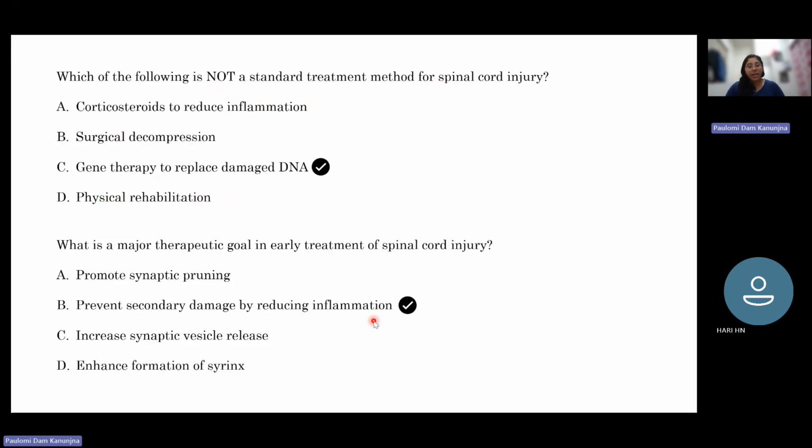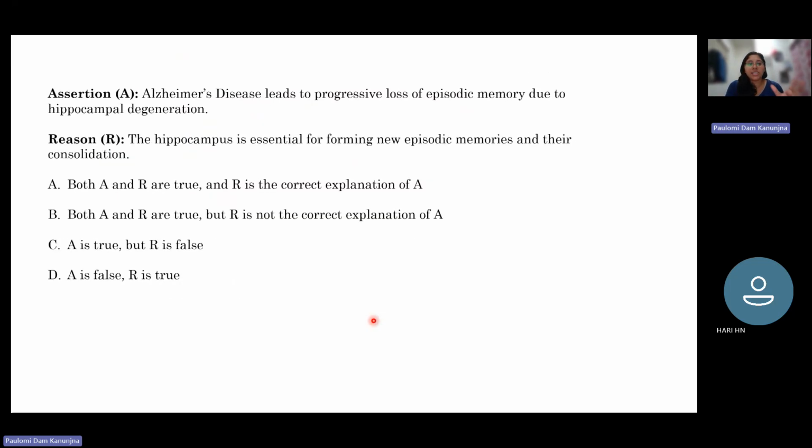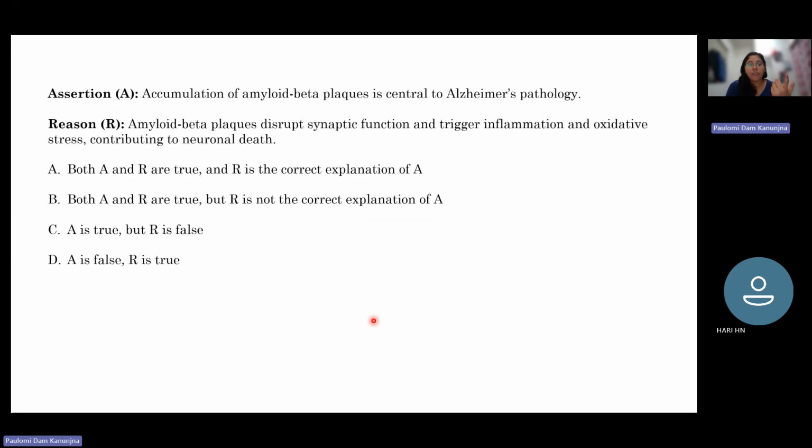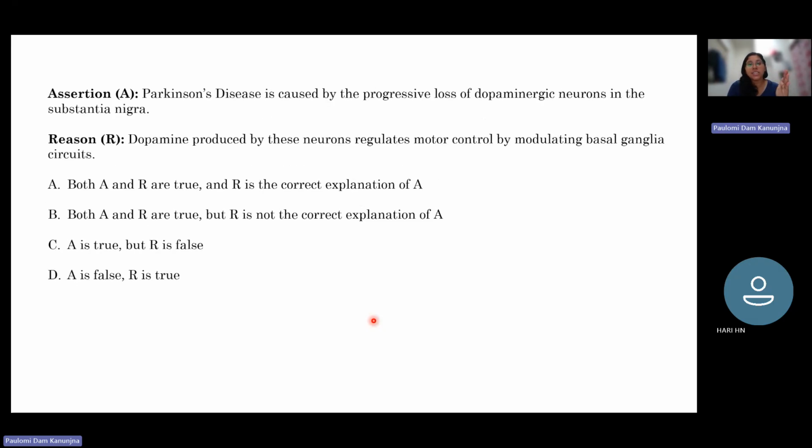Okay, so we are done for the day. I will quickly go over the questions that I couldn't discuss in today's session, but I will leave them in each of these slides so that when you are practicing or revising, you get to see these questions. I have all of these assertion reason based questions. What I would like you to do is read the question, pause and think the answer, and then check the answers.